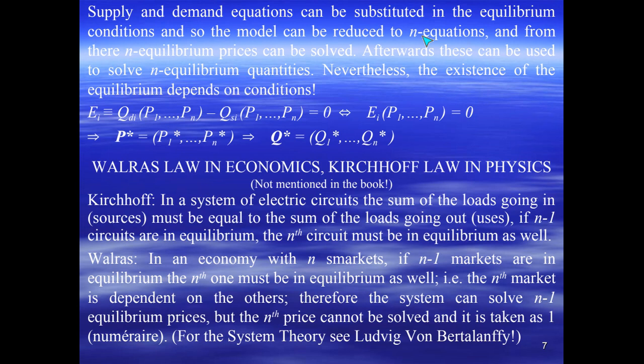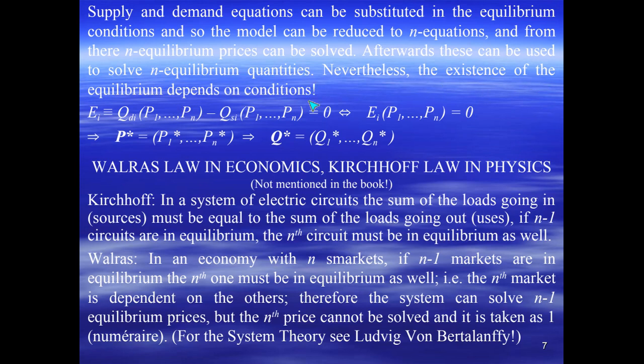And if these equations are consistent and independent, we can solve n equilibrium prices, one equilibrium price for each good, each market, of course. Afterwards, these can be used to solve n equilibrium quantities, replaced in the equations, and we can obtain n equilibrium quantities as well.